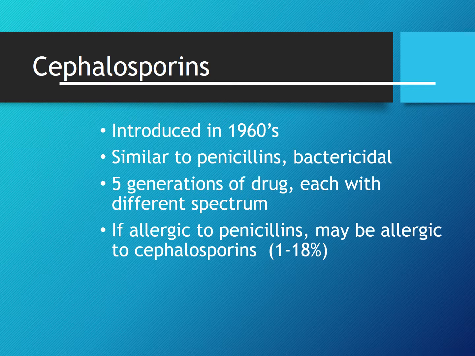I have seen cephalosporins ordered for some patients who have taken them before, but have an allergy to penicillin, but that they know that there's certain cephalosporins that they do okay with, and a physician would make that determination. But most often, the answer is allergic to a penicillin, you're also allergic to a cephalosporin.